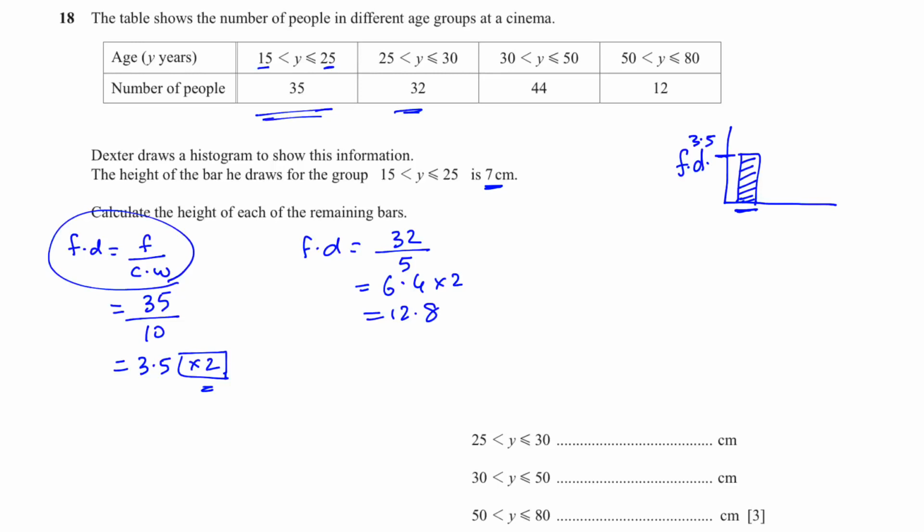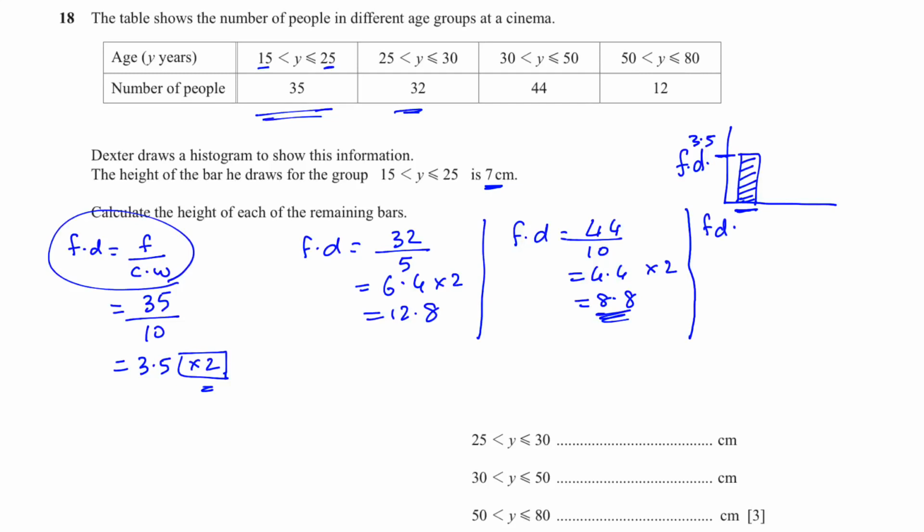For the third bar, your frequency density is equal to 44 divided by 10. It's 4.4, times it by 2. It will be 8.8. In the mark scheme, this answer is given wrong. They've written 4.4, which you can clearly see is not right.